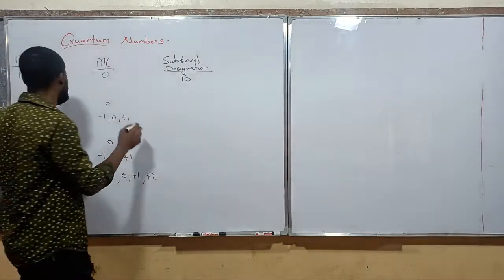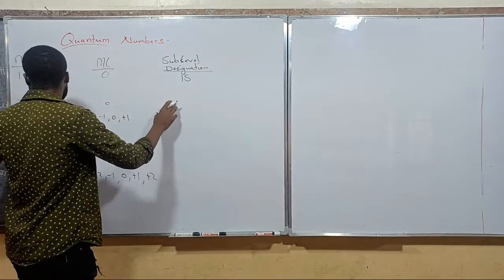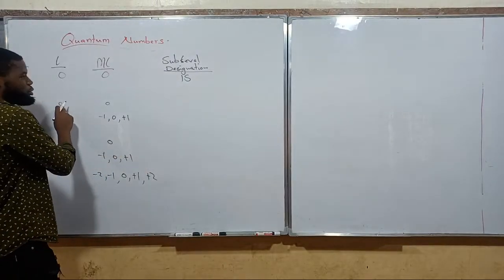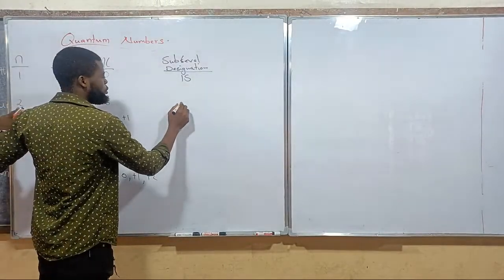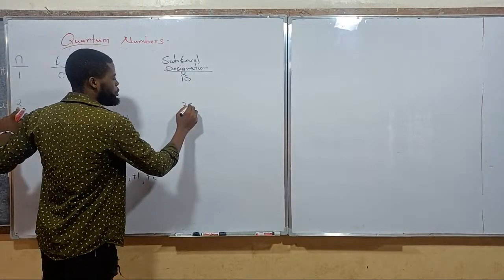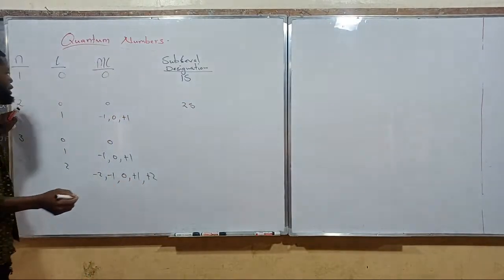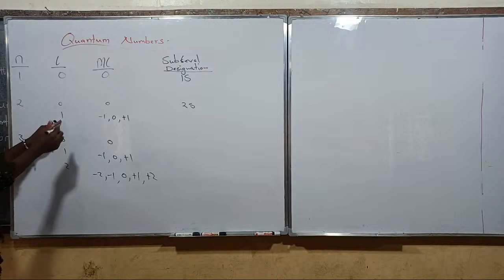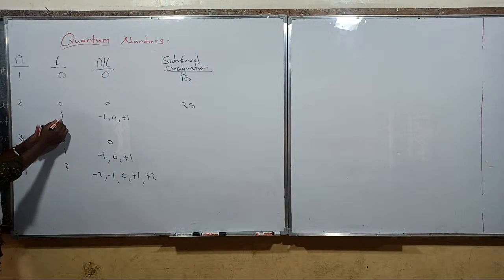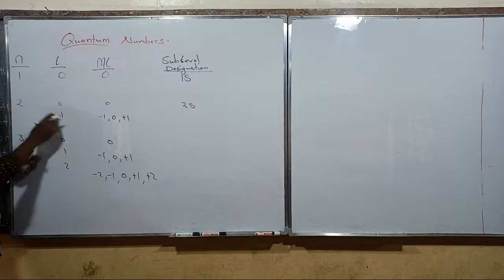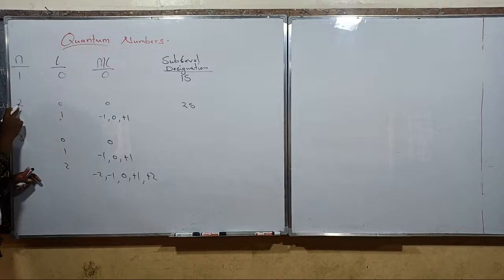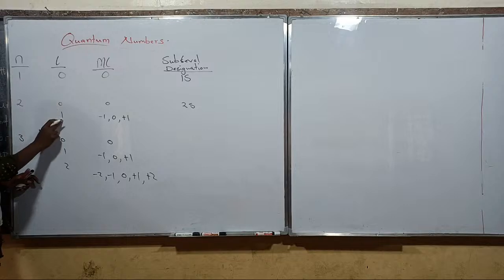So for the shape, if N is equal to 2, L is equal to 0, the shape is going to be 2s. This time now, L is equal to 1. For N is equal to 2, L will have values 0 and 1.